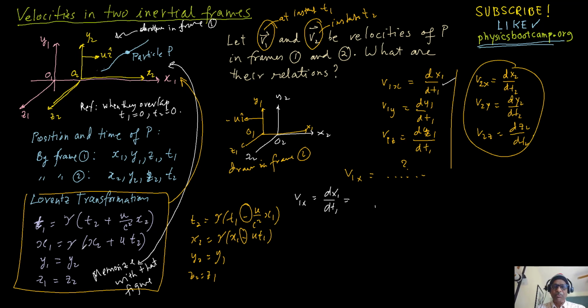So we can have dx1 over dt2 and then dt2 over dt1. So you can see, just using calculus, I can write this.